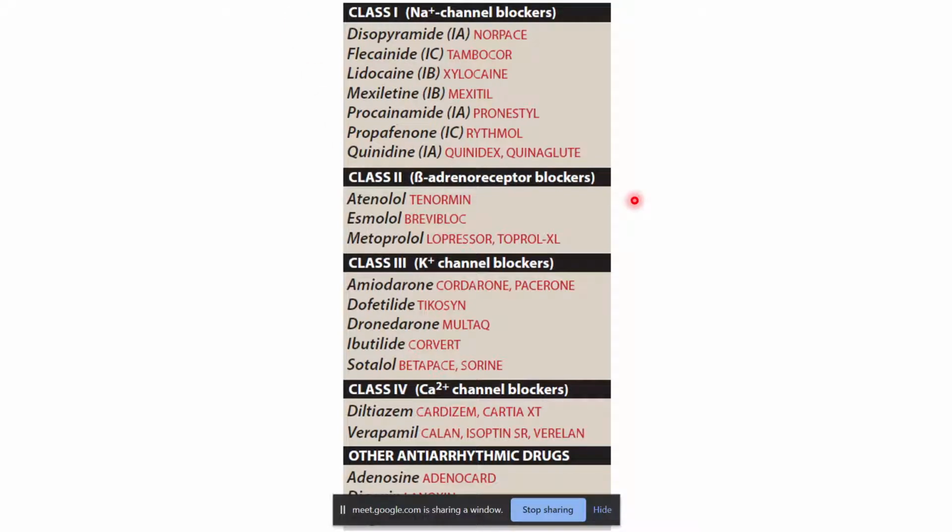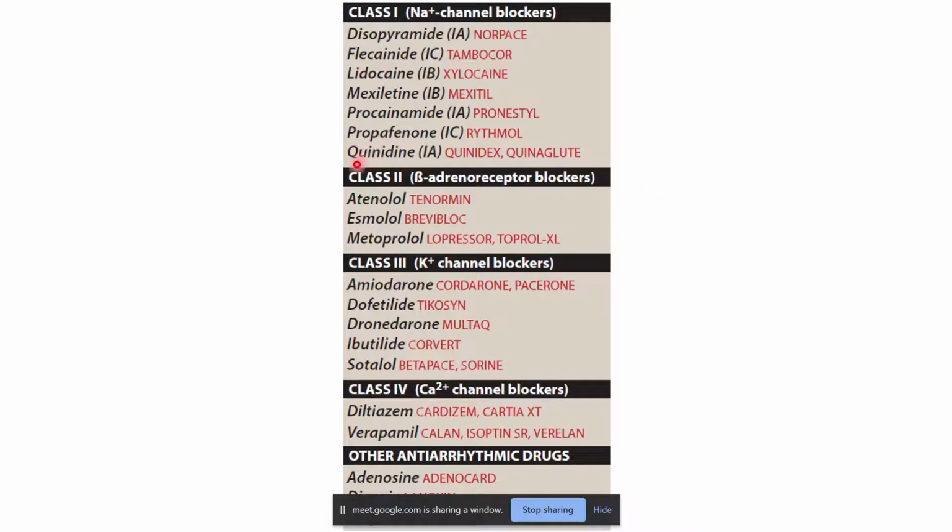The second class is beta blockers, and mostly metoprolol is used, but also esmolol and atenolol can be used as anti-arrhythmic drugs. Metoprolol is available in an extended release form and also as an intravenous solution.